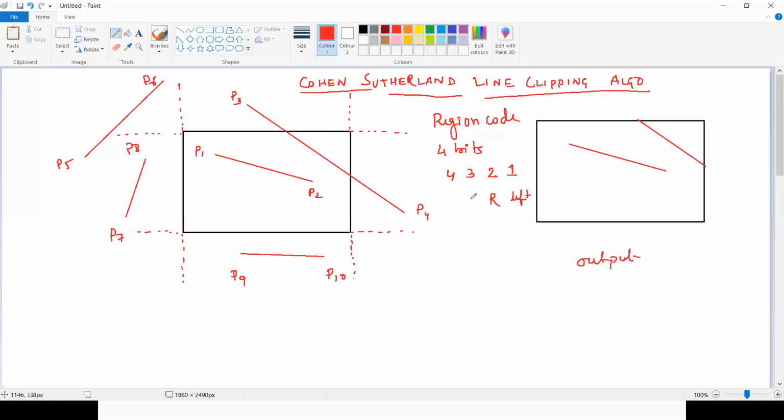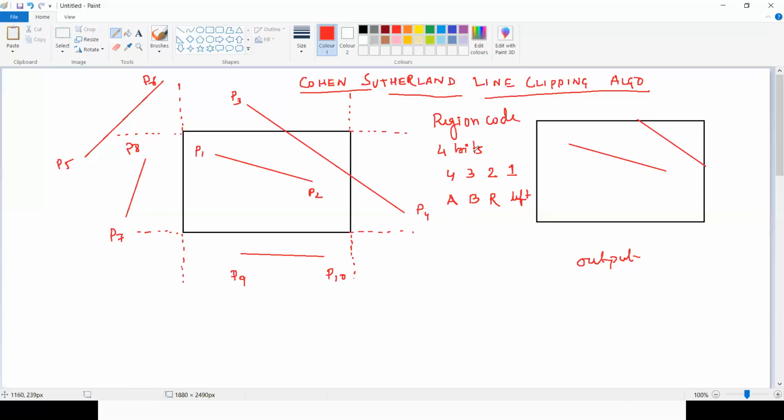Bit position 3 indicates below, so I am writing B for below, and bit position 4 indicates above. That means if the point is above the line, that will be indicated by position 4.